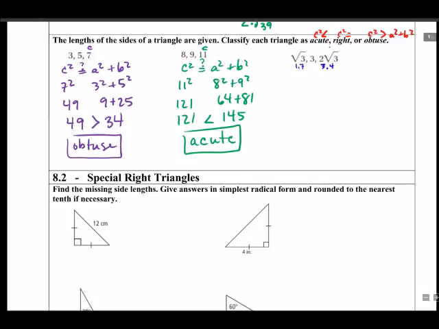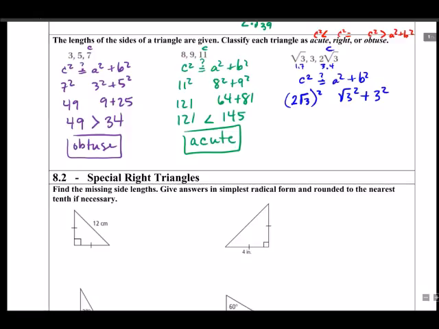So they're in order. This would be c. So we do c squared. Does that equal a squared plus b squared? So we do 2 square root 3 squared and square root 3 squared plus 3 squared.